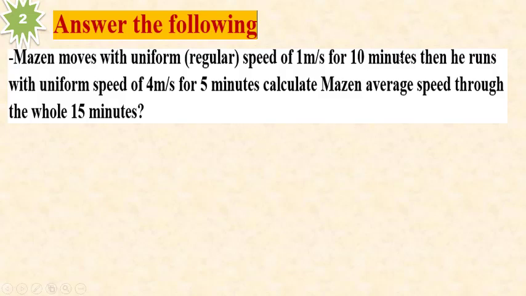We prefer to convert it to second. 10 minutes multiplied by 60 will be 600. Complete reading the question. Then he runs with a uniform speed of 4 meters per second for 5 minutes. Then the speed changed through 5 minutes. Calculate Mazen's average speed through the whole 15 minutes.